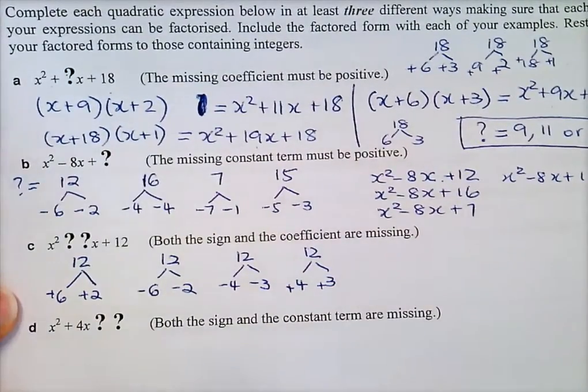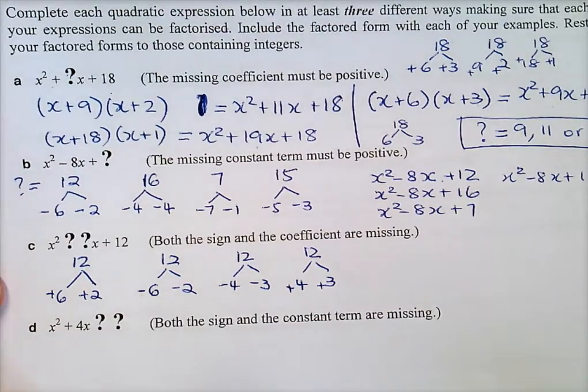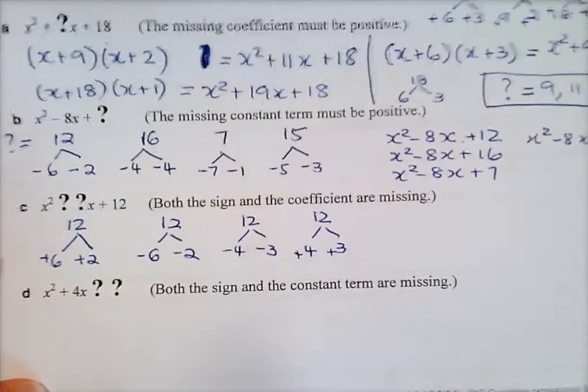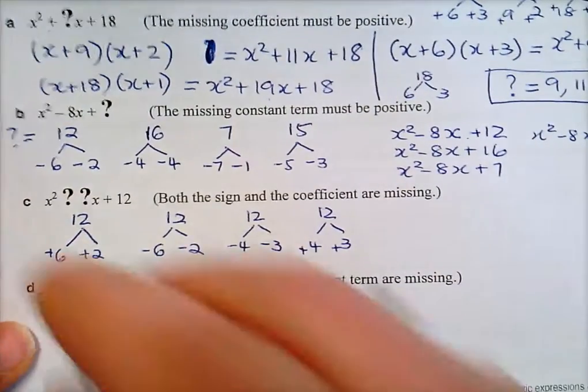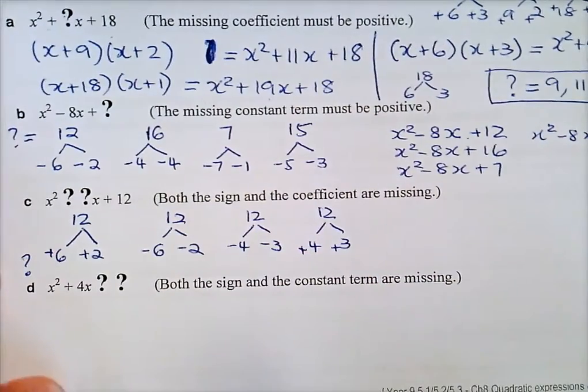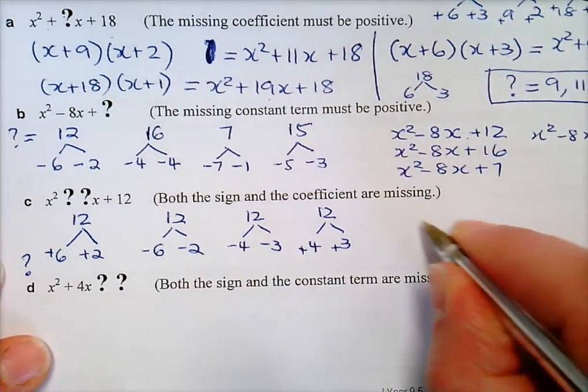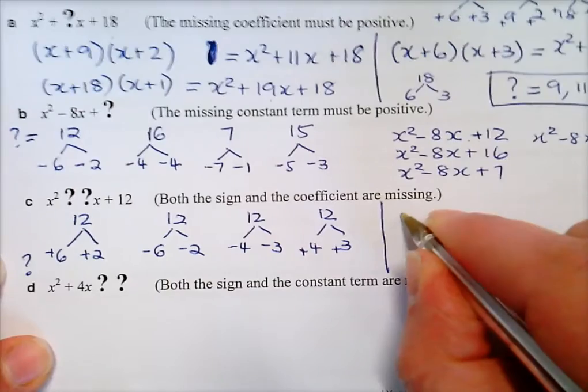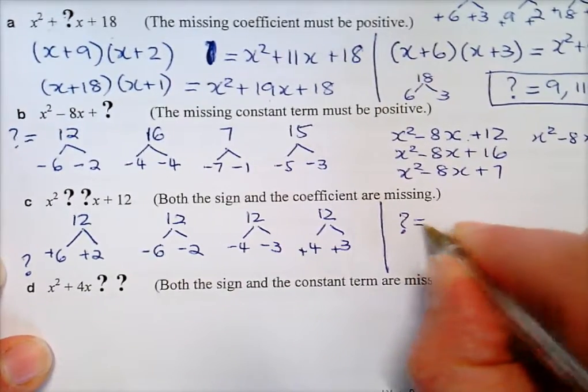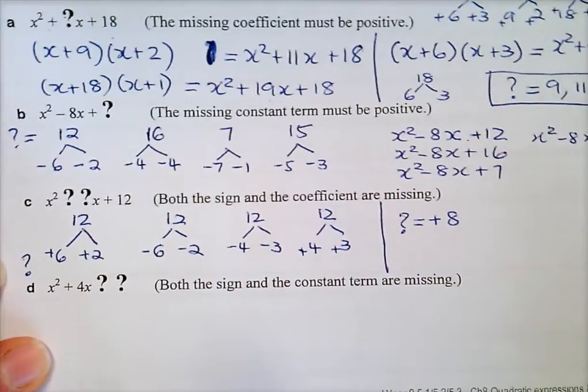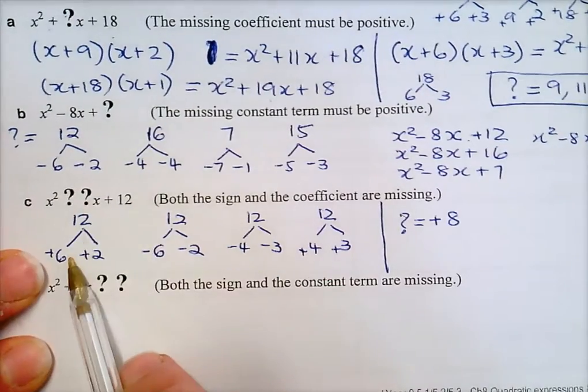Now, I could have done 12 and 1 and negative 1 and negative 12. But let's say I did do the first one. What's the question mark going to be? 8. What sort of 8? Plus 8. All right, so I'm just going to do those 4. For the first one, the question mark would have been plus 8. Does that make sense?